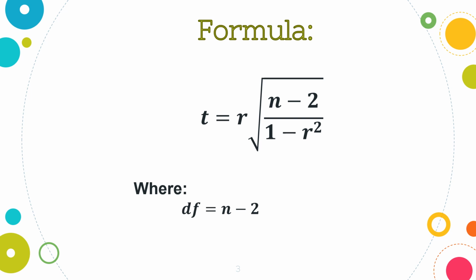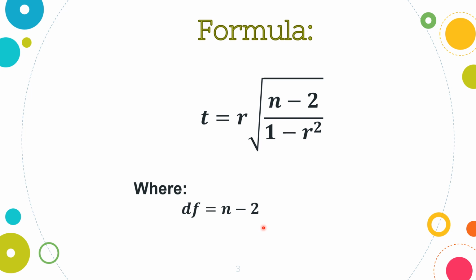So here's the formula for testing the significance of r. This is the t-test; actually there are a lot of t-tests, but we are going to use the t-test for r. So r is the value of our correlation, t = r times the square root of n minus 2 all over 1 minus r squared, wherein we have here the df, or the degrees of freedom, which is n minus 2. The value of the degrees of freedom is what we will use to determine the critical value or tabular value.